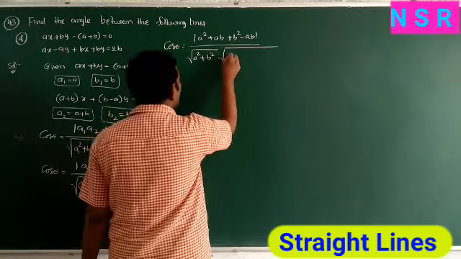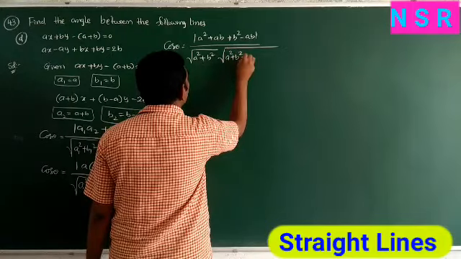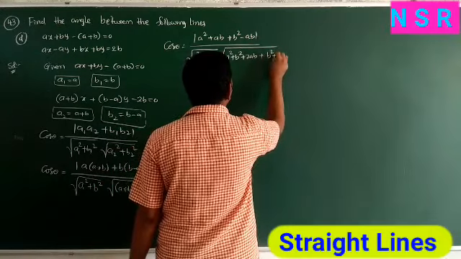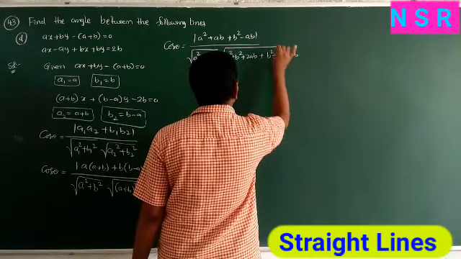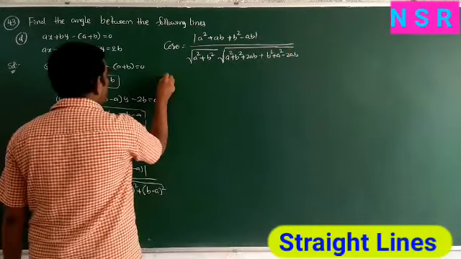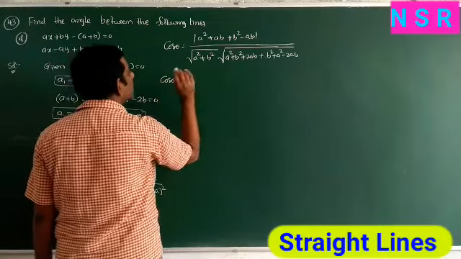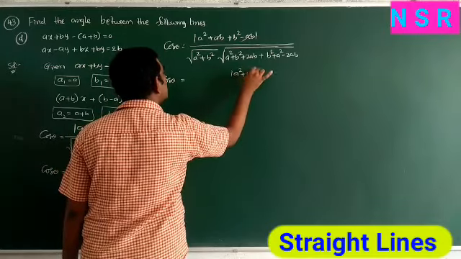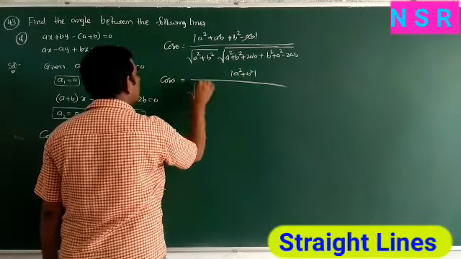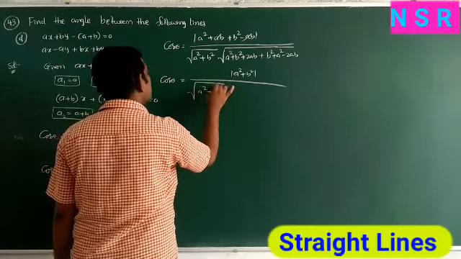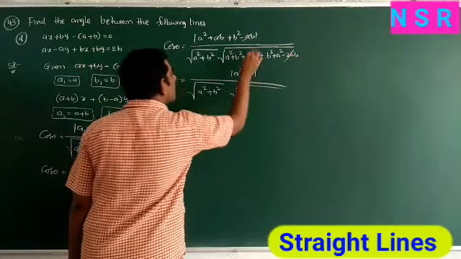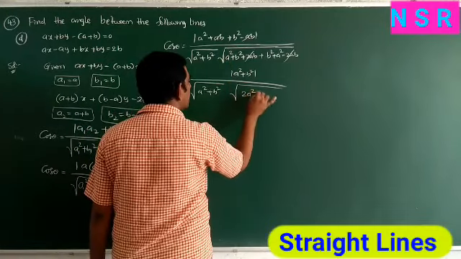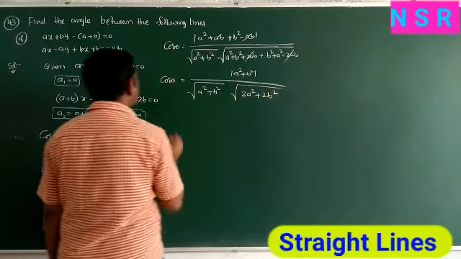So we get A square plus B square plus 2AB and plus B square plus A square minus 2AB. Now simplify it. Cos theta is equal to plus AB minus AB get cancelled, mod A square plus B square by square root of A square plus B square into square root of, minus 2AB plus 2AB get cancelled, A square plus A square 2A square, B square plus B square 2B square.